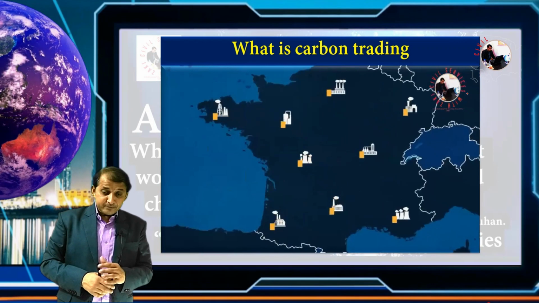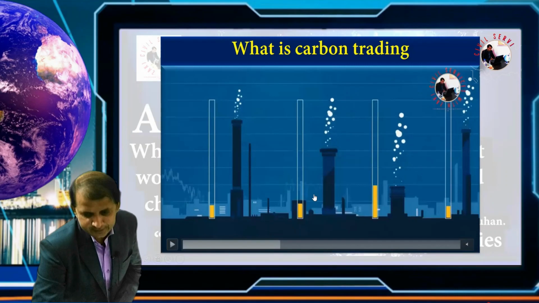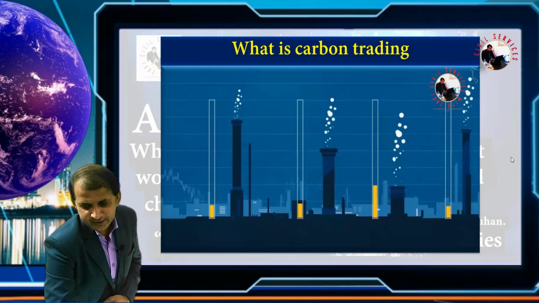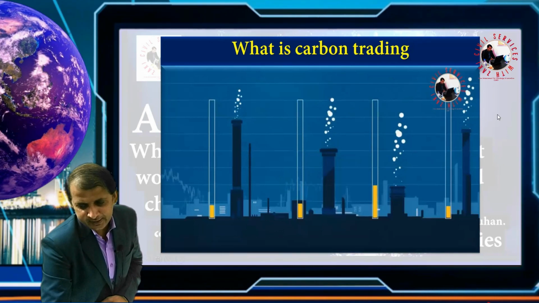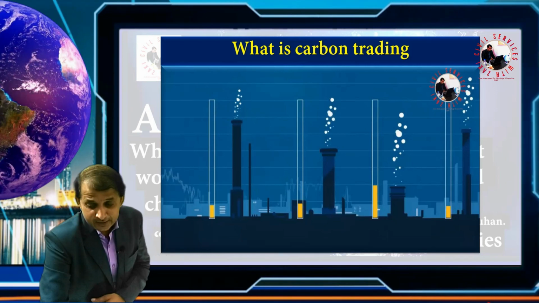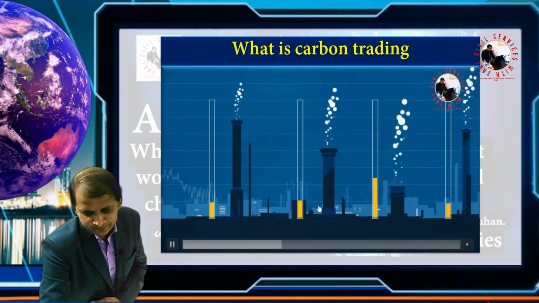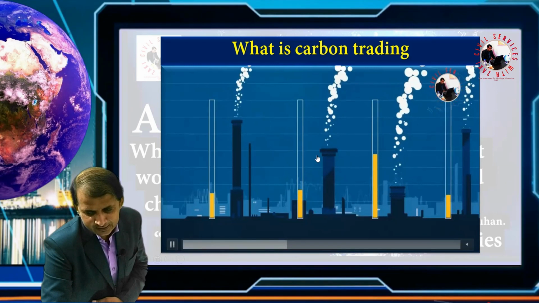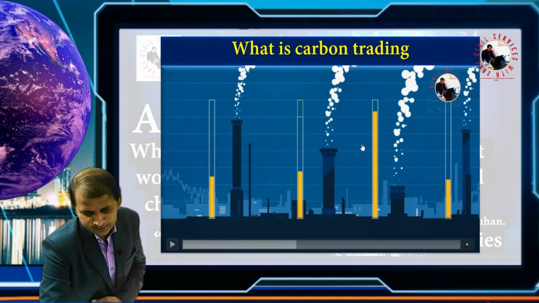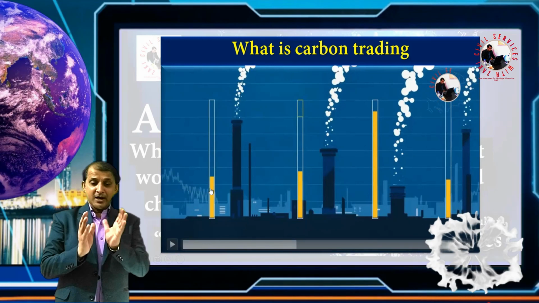So see here, this is cap and trade. Assume these 4 factories have a cap here, but some factory needs more carbon. So the company with less carbon emission adds to this company. The yellow figure is the carbon emission.